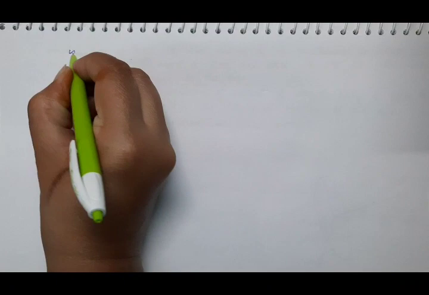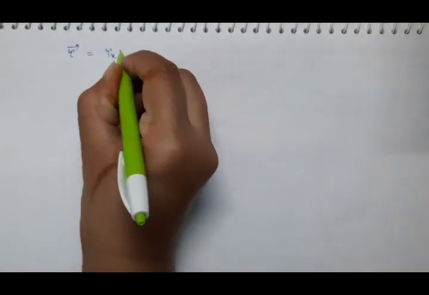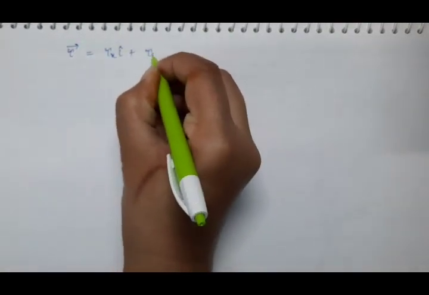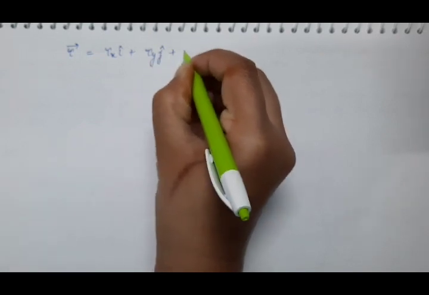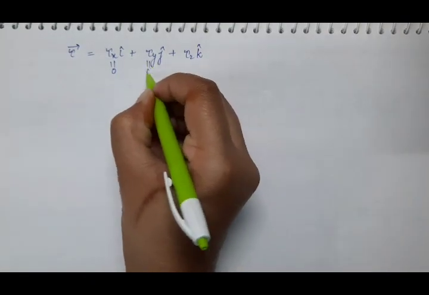So now what will be the value of this torque in vector form along with its direction? It will be tau x i cap plus tau y j cap plus tau z k cap. Put the values, tau x is 0, tau y is 0.